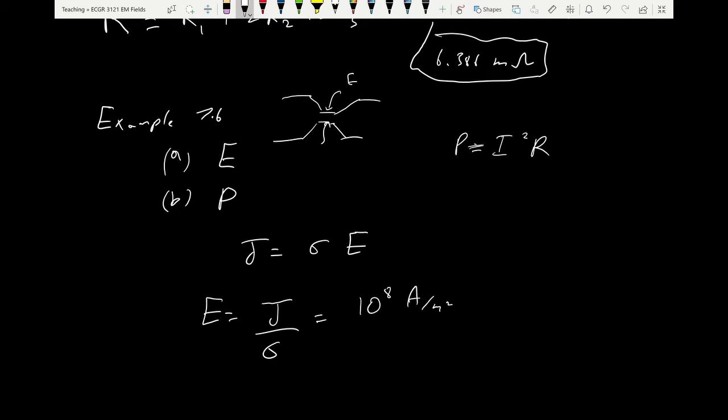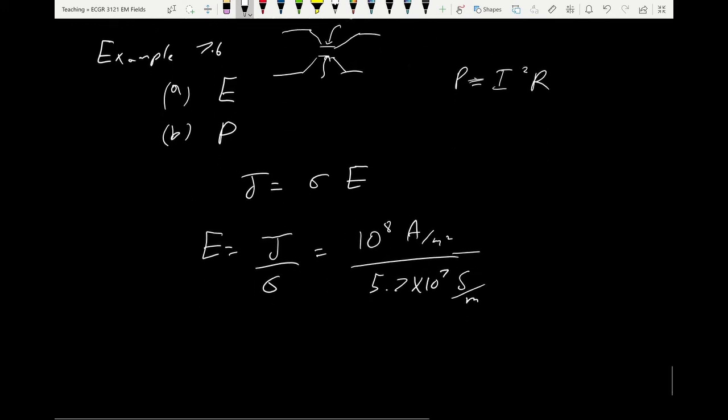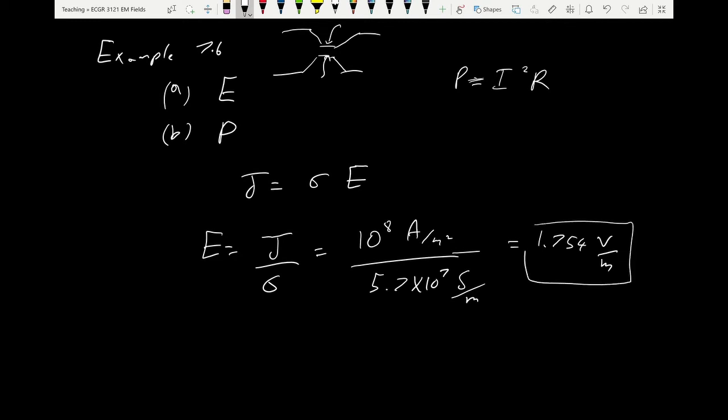That's how much current density copper can withstand, over sigma, 5.7 times 10 to the power 7 Siemens per meter. So this is amp over volt. We end up with 1.754 volts per meter. So that's the field that occurs inside the neck when the fuse is just about to disconnect.